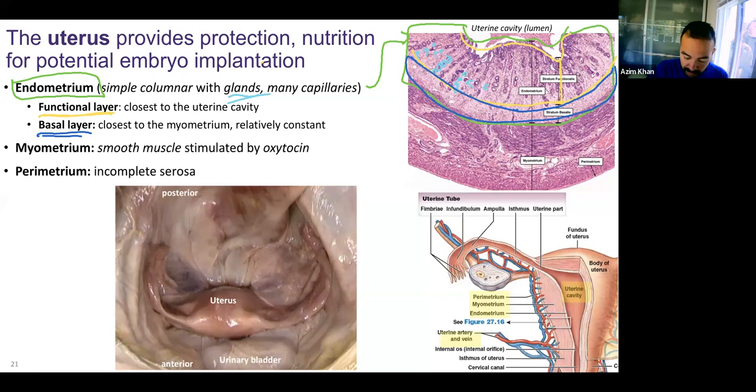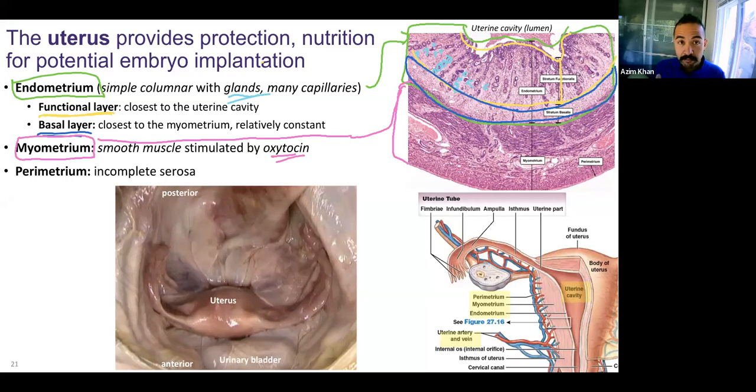The next layer is the myometrium. Myo means muscle. It is a very large layer. The uterus is very muscular. This is smooth muscle that can be stimulated by oxytocin. Recall oxytocin, it's released by the posterior pituitary. And this is important for contractions, for labor and delivery, or in more annoying situations for causing cramps.